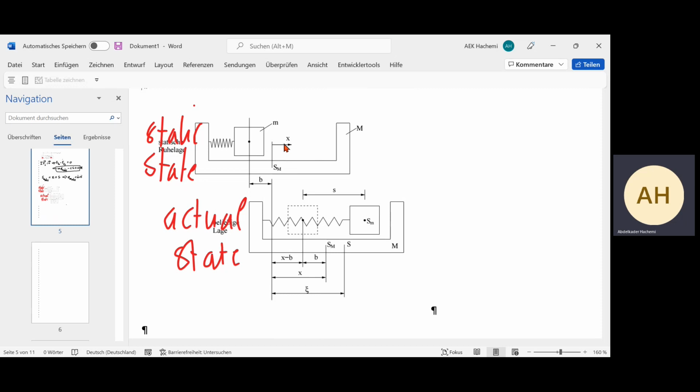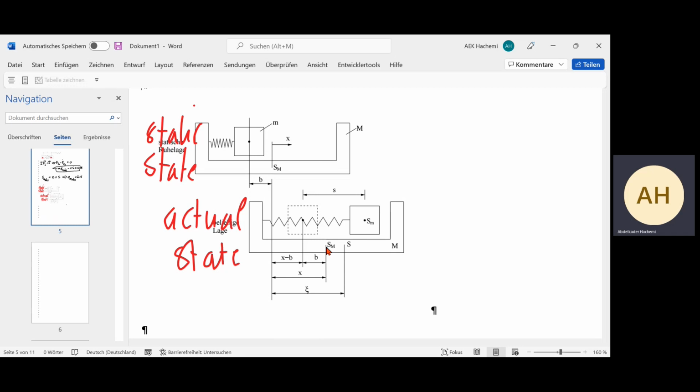And now, during the actual state, or during the motion, the mass small m also moves on the wagon, with a relative motion S. Now the whole system moves: the wagon moves, and the small mass m moves also.